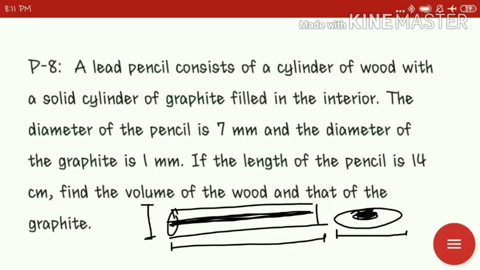You can see that both the wooden part and the graphite part form a cylinder, so we just need to find the volume of the cylinders. Now try it yourself and then come to my solution.